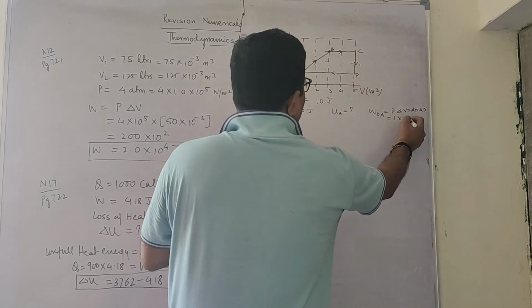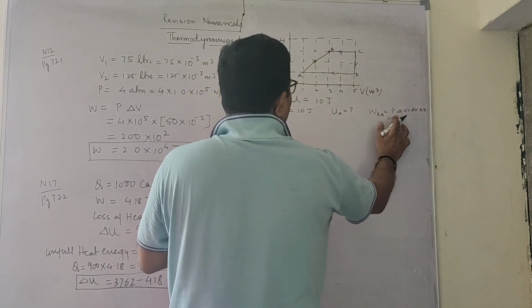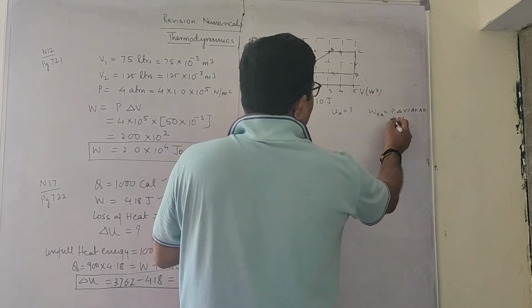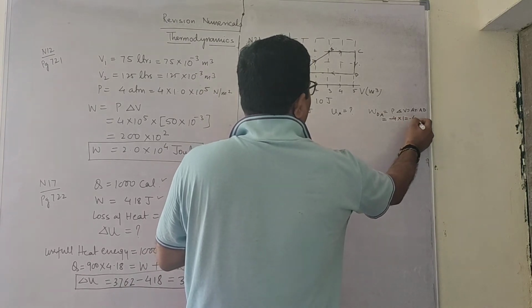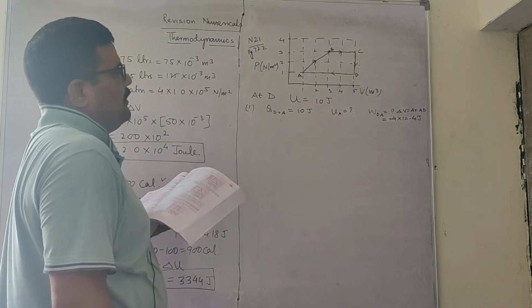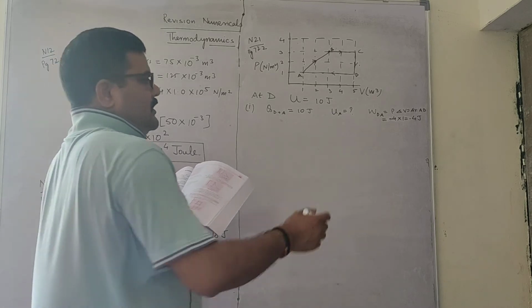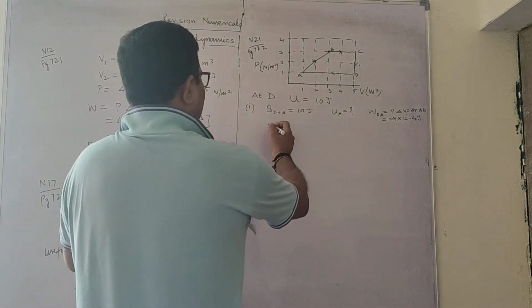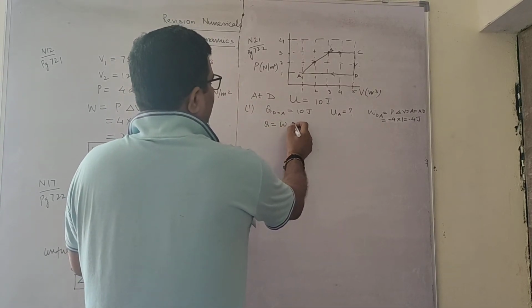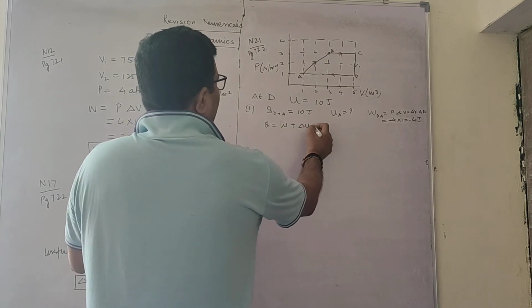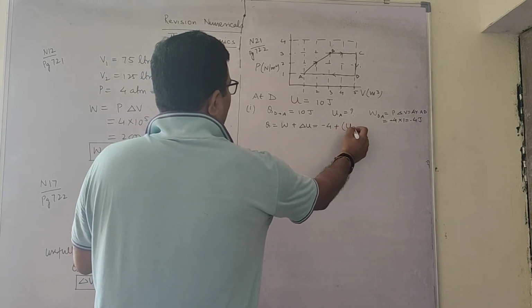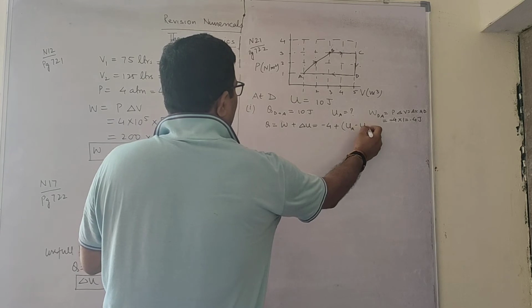5 minus 1 is 4. Area of rectangle is length into breadth. So 4 into 1. 1 minus 5 is minus 4. So this is minus 4 joule. Final volume minus initial, that is 1 minus 5, is minus 4 into pressure, that is minus 4 joule. Now applying the first law of thermodynamics, Q is equal to W plus delta U. W is minus 4, delta U is UA minus UD.